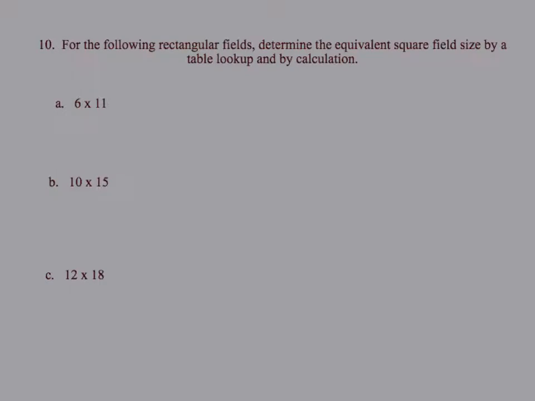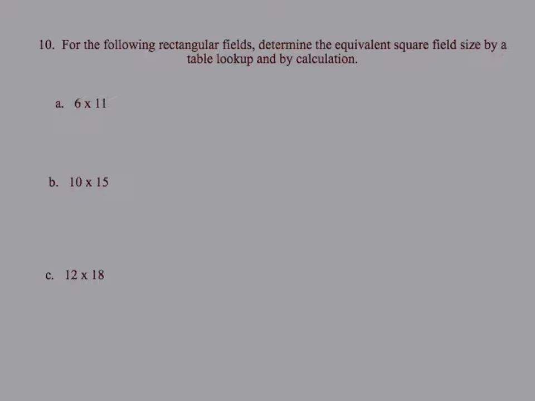Number 10, for the following rectangular fields, determine the equivalent square size. I asked you to get it by using the table, which is called the tables of day, and calculating. So I'm not going to do it with the tables because I think we were all very good with that.